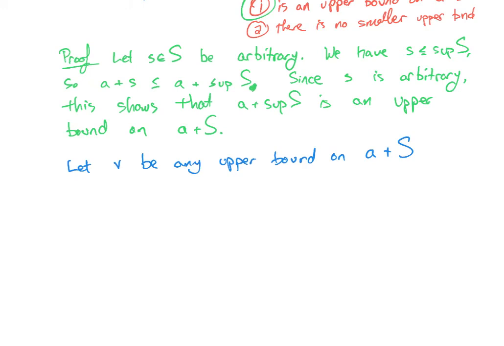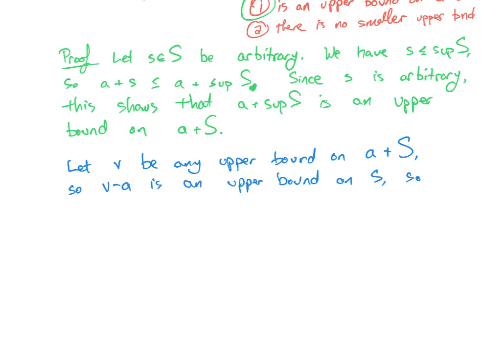It's an upper bound on the set a plus S. And that's the point. So v minus a is an upper bound on S.